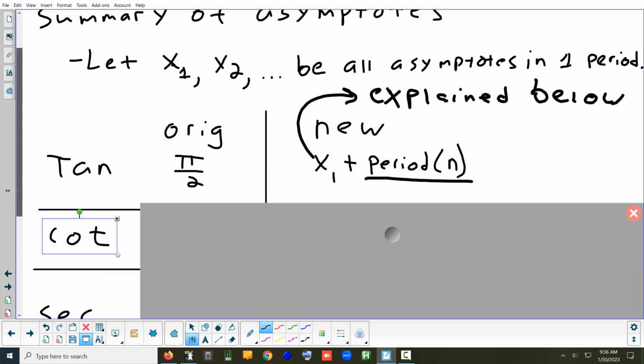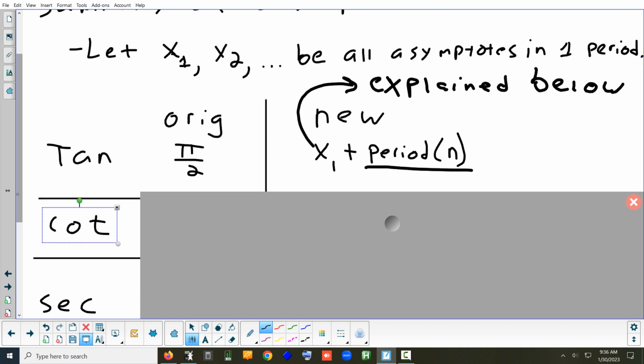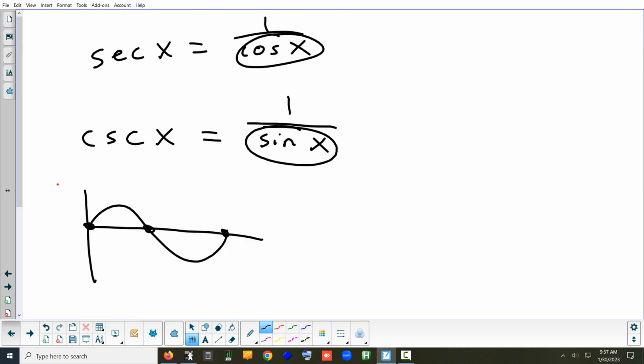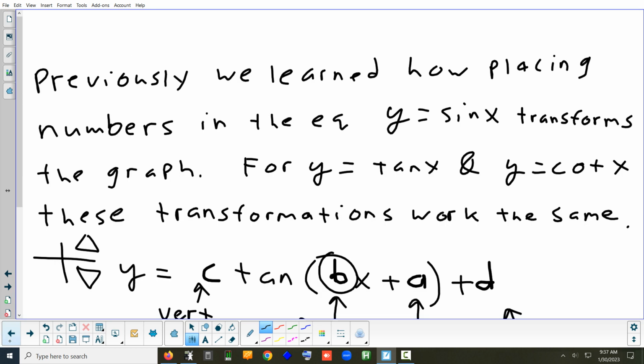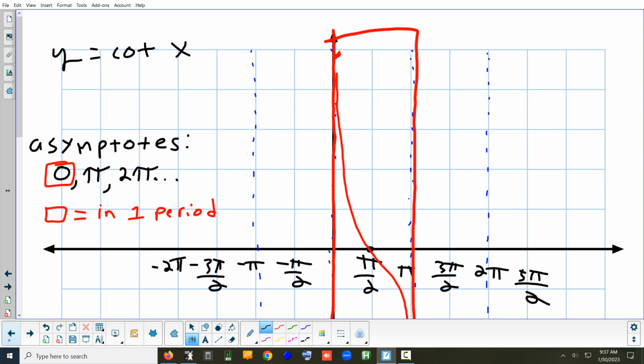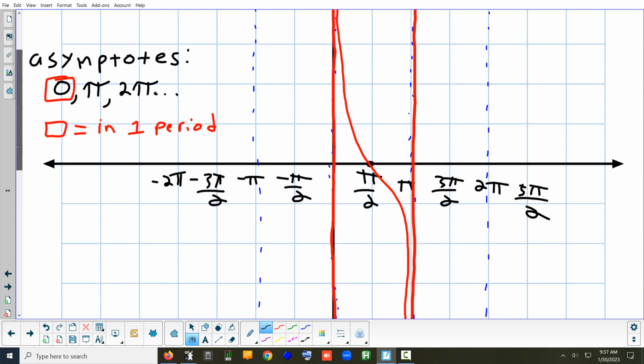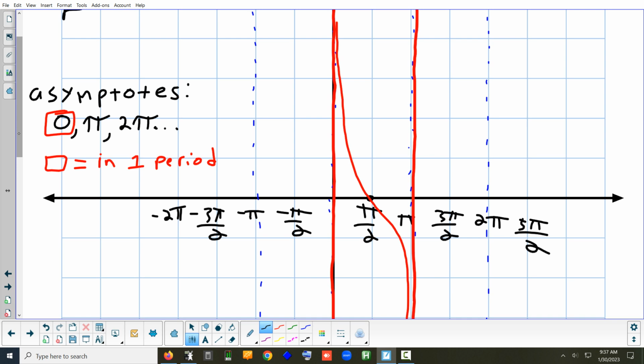Okay, let's go to cotangent. How many asymptotes were there per cycle for a cotangent? Yeah, 1. And what was the first asymptote that we talked about when we looked at the graph of cotangent? It's the left one of that red box.